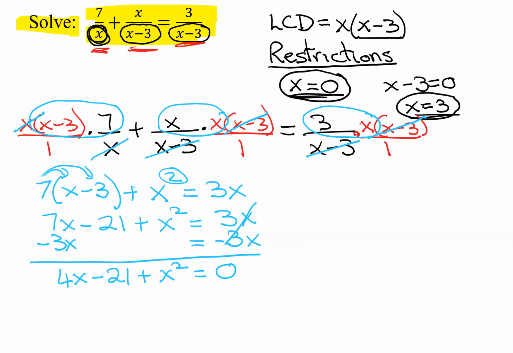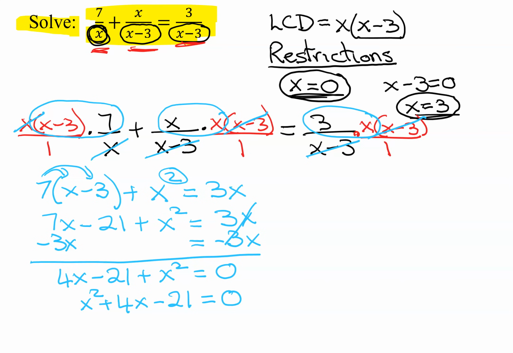So I've got my 0 on the right-hand side, but if you look at the left, everything's jumbled up. To be able to factor it, I need everything in descending order. So I'm going to write my x squared term first, my x term next, and then finally my constant term.